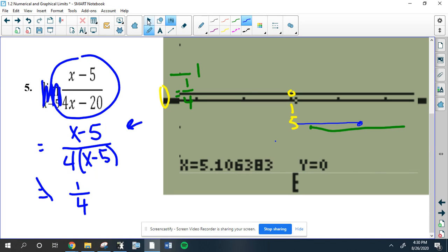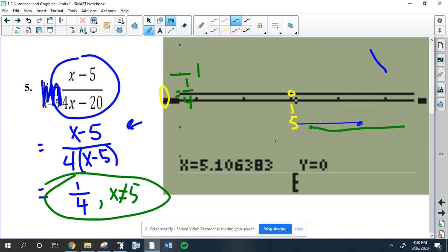So if I want to include that equal sign mathematically, I would have to say this function equals 1/4 for all x except x not equal to 5. And that explains the open hole. We'll talk about that in more detail as we go.